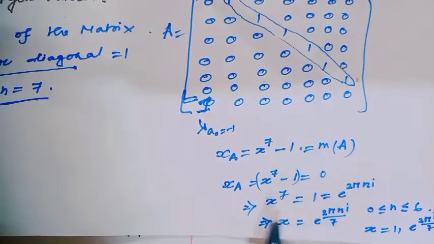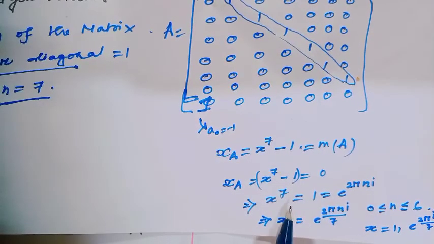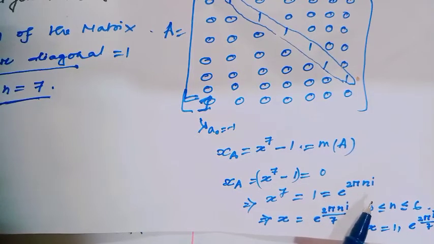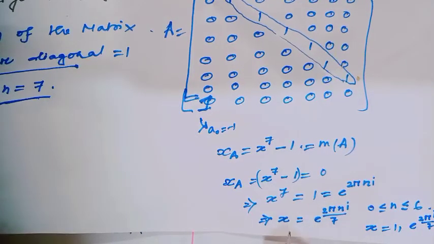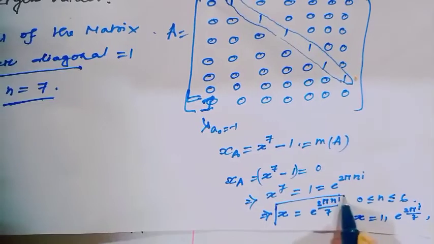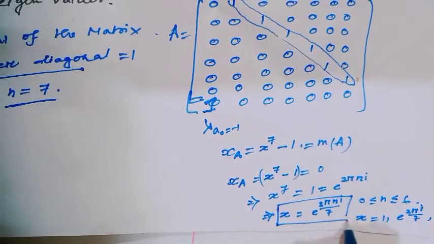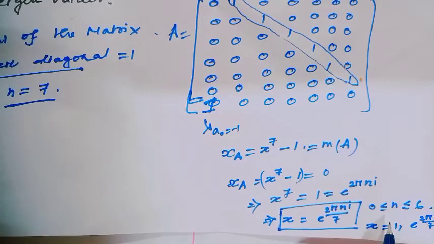Then from this characteristic polynomial, x to the power 7 equal to 1, which is equal to e to the power 2 pi n i, therefore obviously x equal to e to the power 2 pi n i over 7, where n runs from 0 to 6.